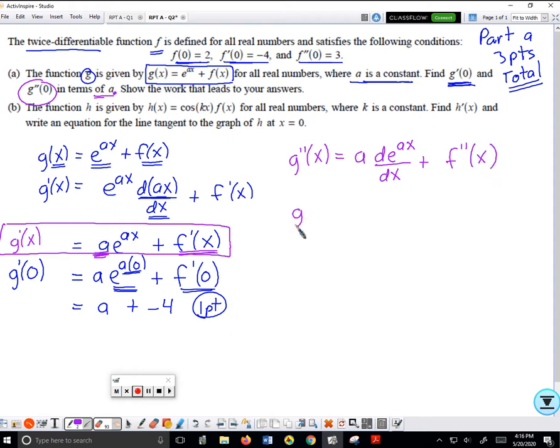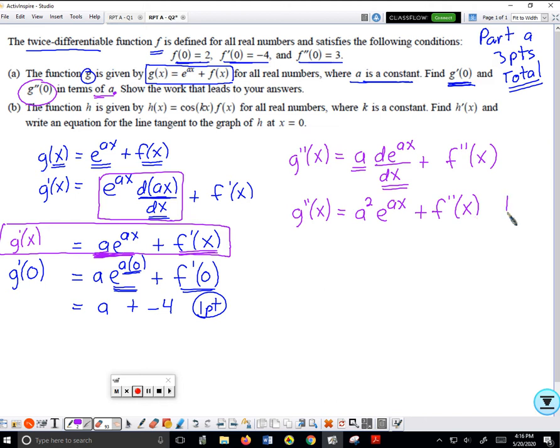So then g double prime of x is going to equal, we've already done this one. It turned out to be this right here, which was just a e to the ax. So I've got an extra a. They multiply together. That gives me a squared e to the ax plus f double prime of x.